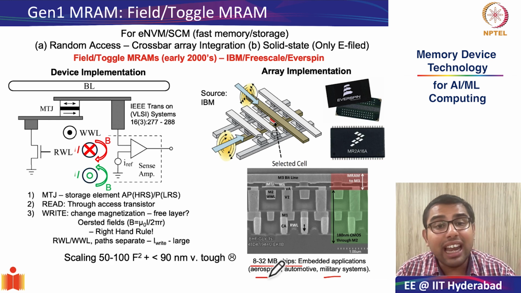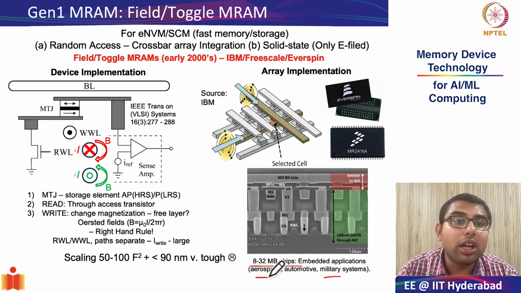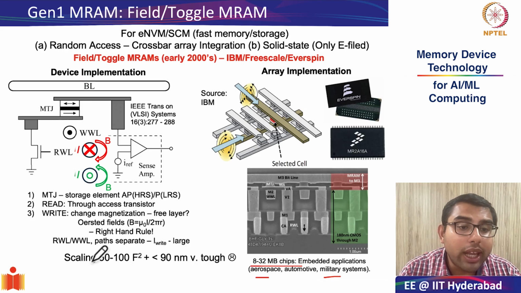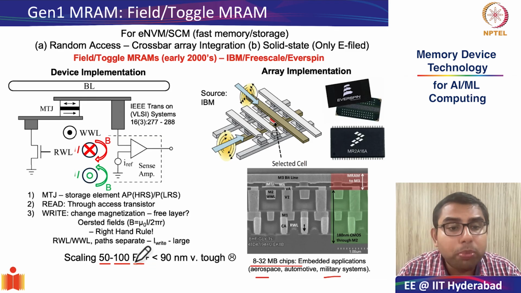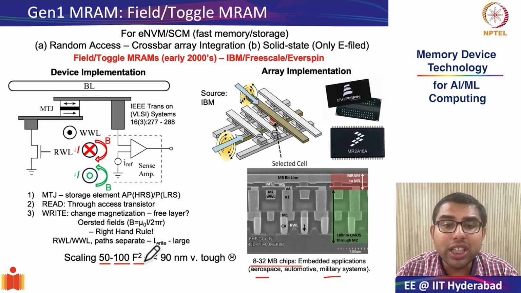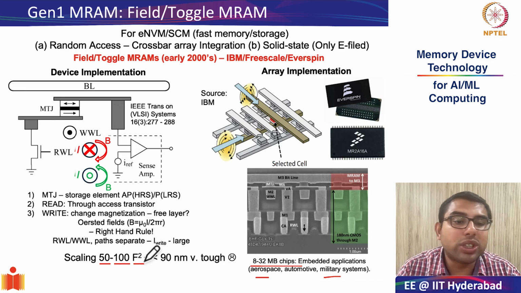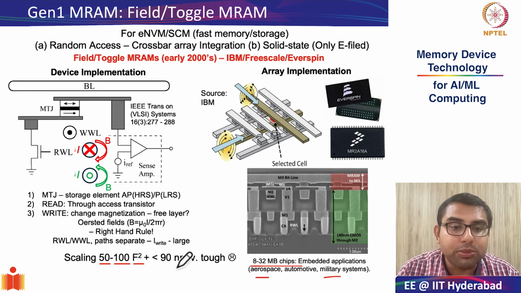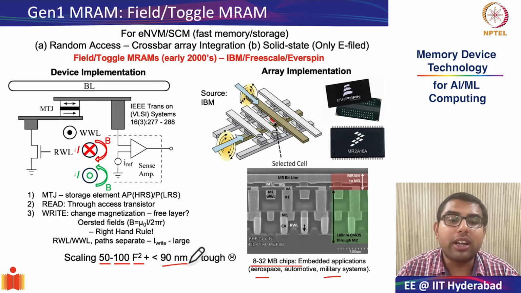However, the scaling of these toggle or field MRAMs was rather challenging. You could only go to 50 to 100 F squared. Not only that, the smallest feature size or the smallest logic node beyond which it became very tough to scale these MRAMs was the 90 nanometer node.